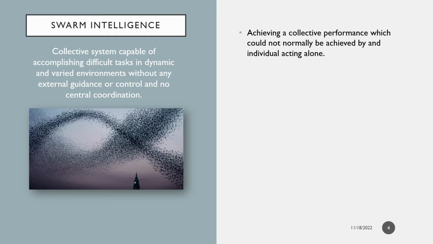In addition, staying in a flock means it is harder for a predator to identify a single target, and a group of birds can also confuse or overwhelm a predator through mobbing, thus achieving a collective performance which could not normally be achieved by an individual acting alone, as constituting a natural model particularly suited to distributed problem solving.